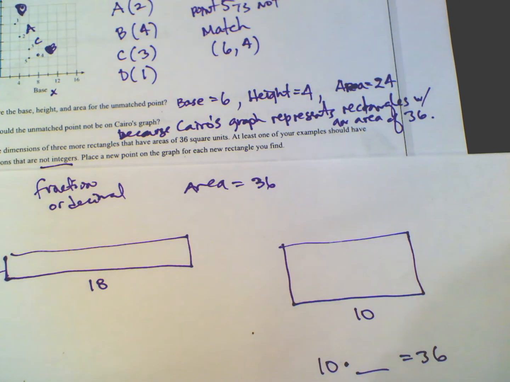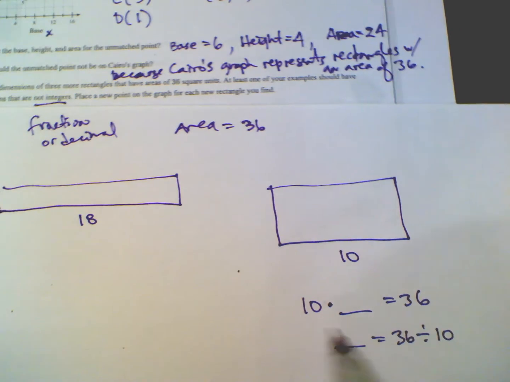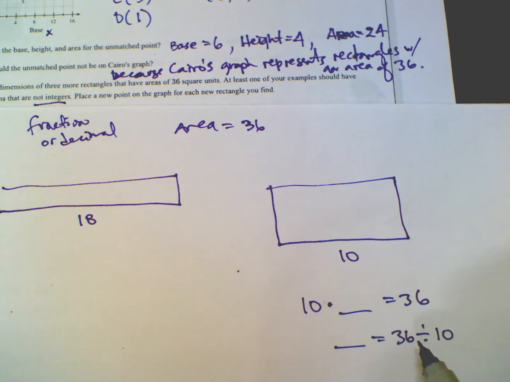Well, how do you solve for that something? Do the reverse. That something would be 36 divided by 10, right? The opposite operation of times is division. And if I take 36 divided by 10, I can write it as a decimal, which is 3.6.